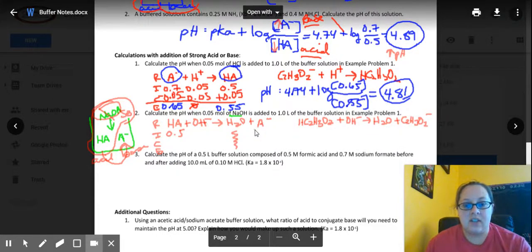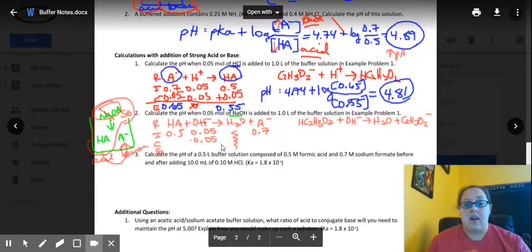A minus initially was 0.7. So now what's going to happen? Well, all of this OH minus, we have to figure out its concentration, remember. They're giving us moles. We have to figure out its concentration. So 0.05 moles divided by 1 liter is 0.05 molar.